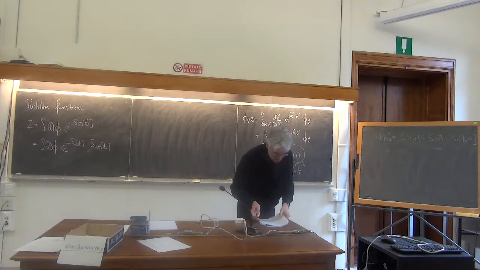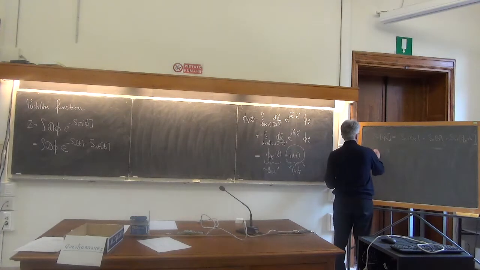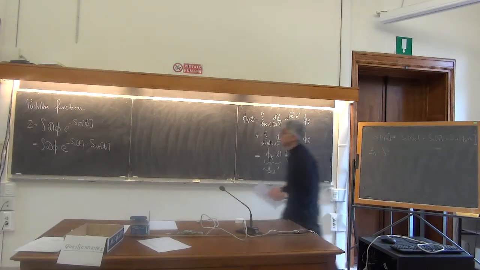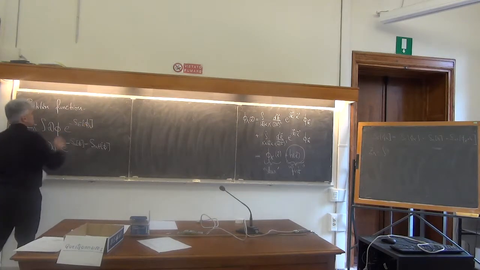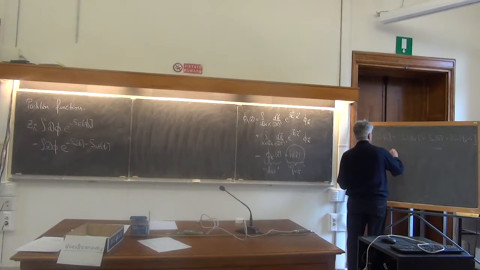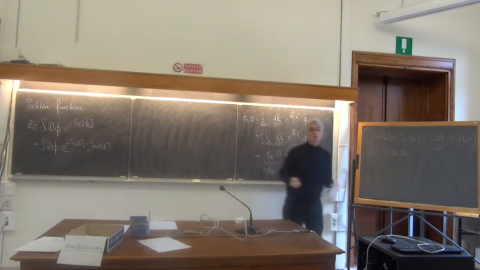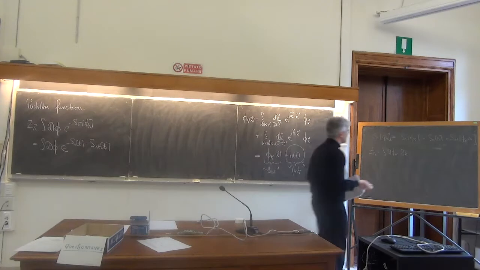Now what we do is we substitute this into the path integral. So then Z lambda becomes the integral of d phi lambda prime dh, because it's just a decomposition in the space of the modes.